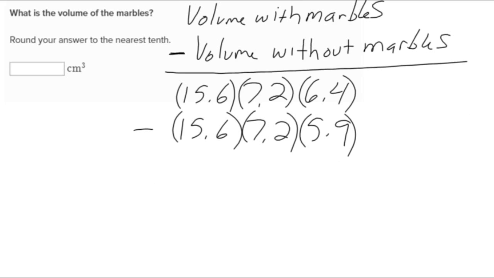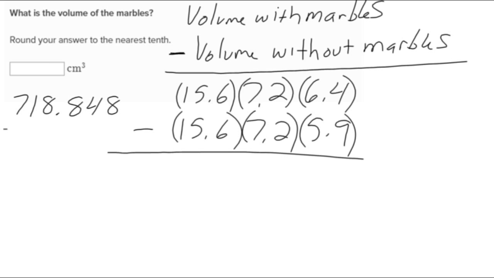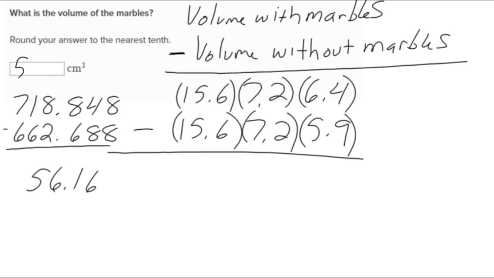When we multiply all of that out, you'll get the answers of 718.848, and you're going to subtract from that the 662.688. When you subtract that, you get a difference of 5616. So your answer here is 56.16.